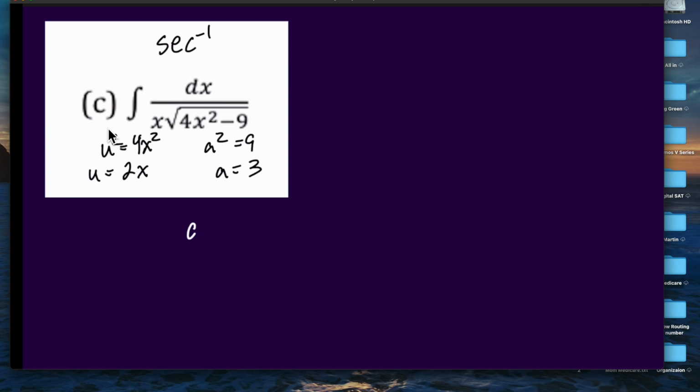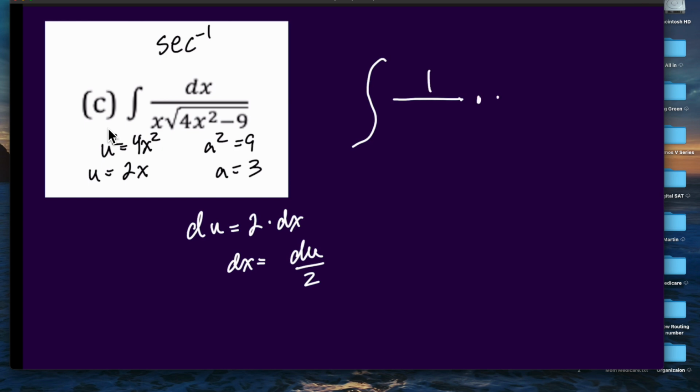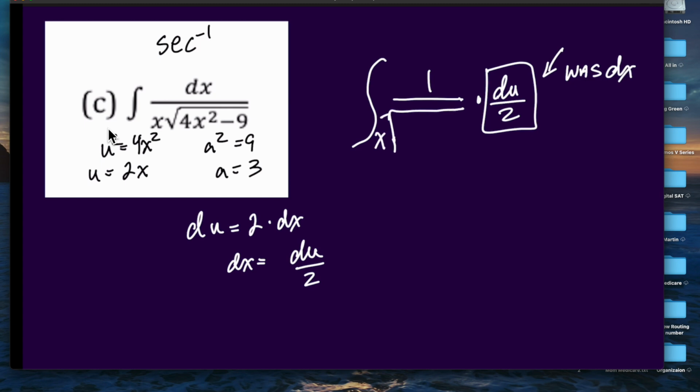We're going to come down here and do du, which is going to give us 2 times dx, and dx is going to be du over 2. We're going to rewrite this integral. We're going to have fraction 1. Instead of dx, we're going to replace that with du over 2. Then we're going to have x times the radical of u squared minus a squared.